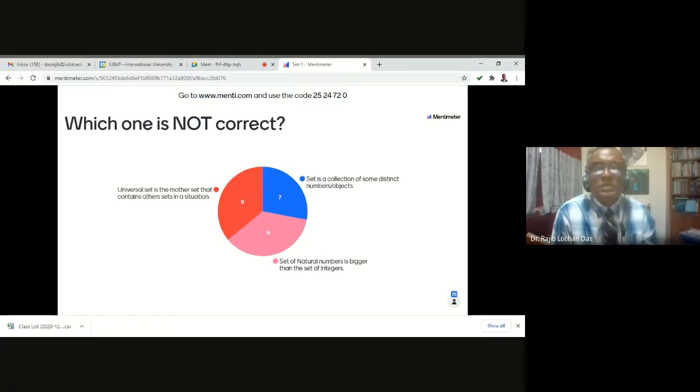But integers will have all natural numbers plus 0 and also negative numbers, minus 1, minus 2, minus 3. So is it correct? No, sir. So the answer should be the pink one: the set of natural numbers is bigger than the set of integers is actually not a correct sentence.